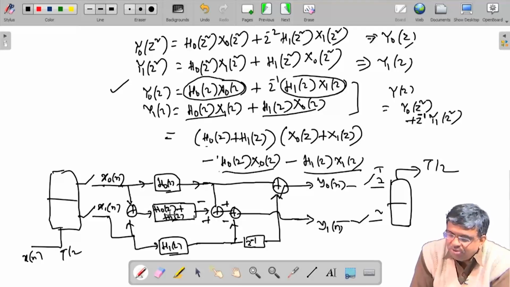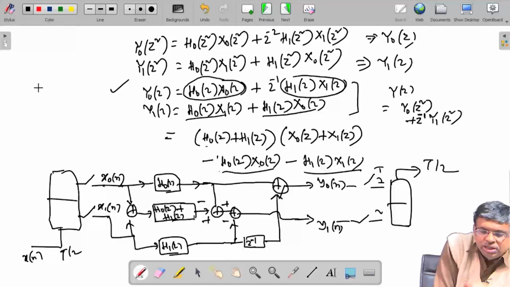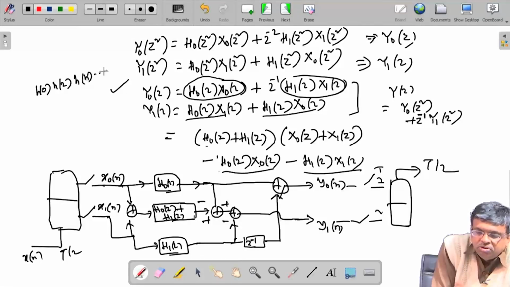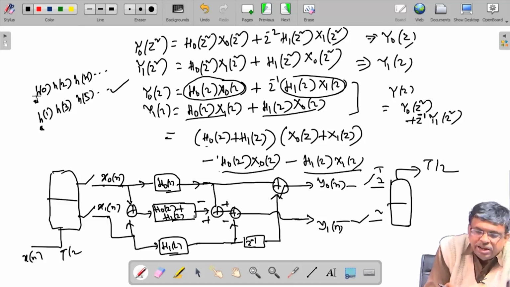Interestingly, this also will have 50, because H 0 z is H 0 followed by H 2 followed by H 4 and so on, and H 1 with origin here is H 1, H 3, H 5 and so on, and you are adding.